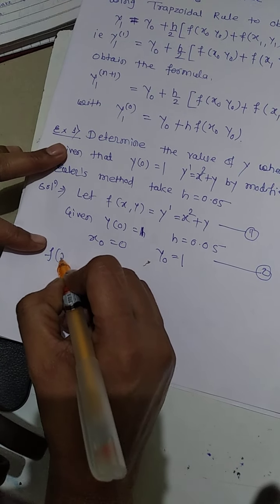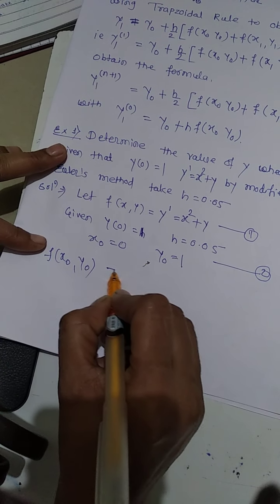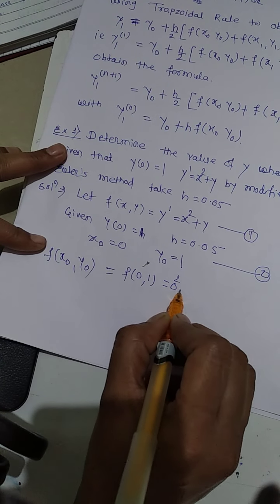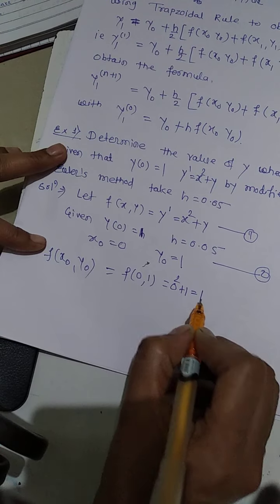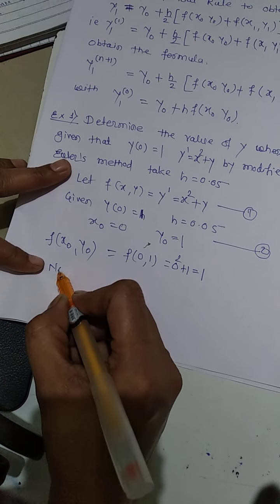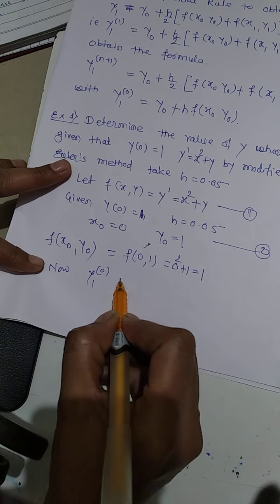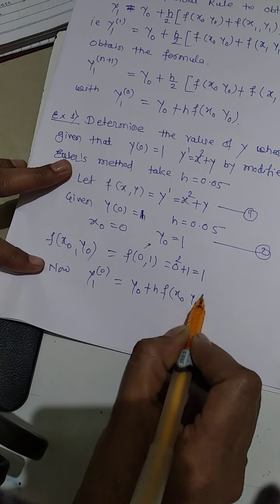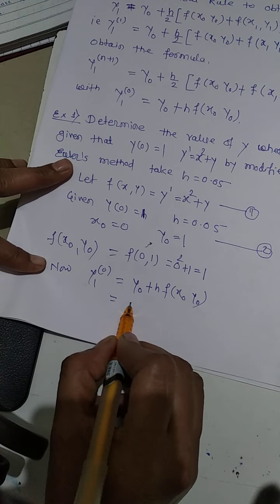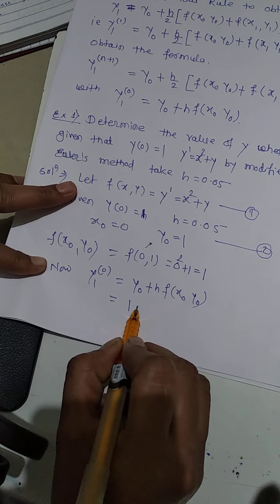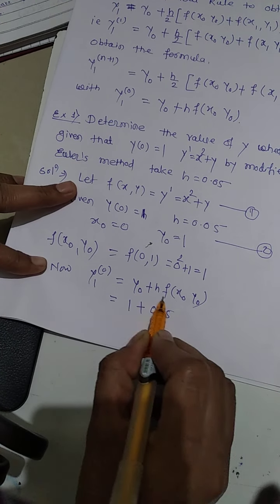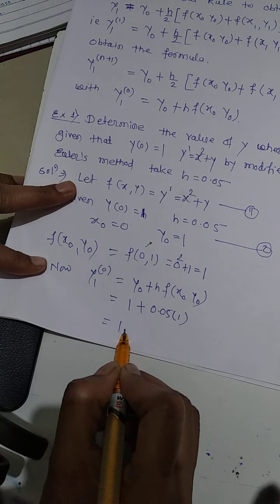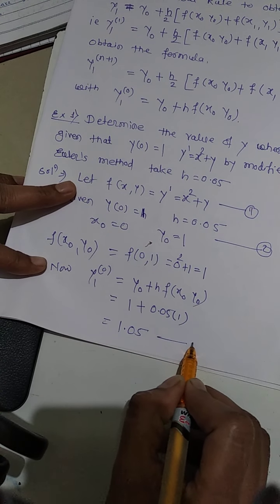Then f of x0, y0 is equal to f of 0, 1, and that is 0 square plus 1 is equal to 1. Now y1 of 0 is equal to y0 plus h into f of x0, y0, and putting here the value of y0 is equal to 1 plus h is equal to 0.05 and f of x0, y0 is equal to again 1. Then we get the answer 1.05. That is equation number 3.